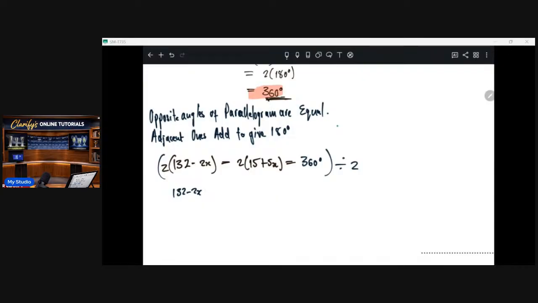Here it will be 132 minus 2x plus 15 plus 5x, then this is equal to 180 degrees. Here you now get 132 minus 2x plus 15 plus 5x. This is equal to 180 degrees.